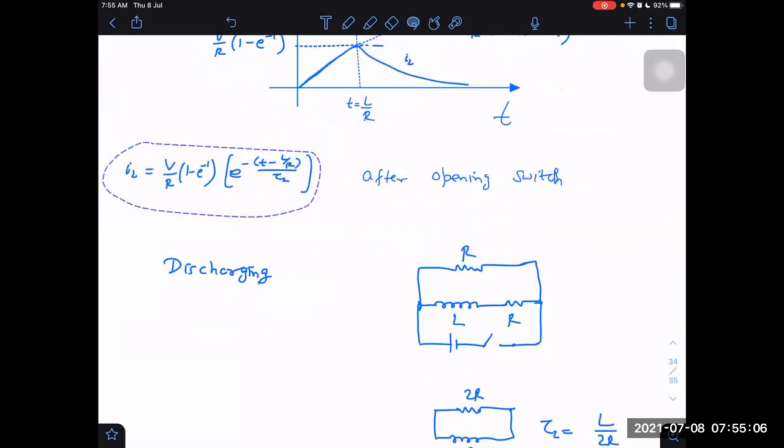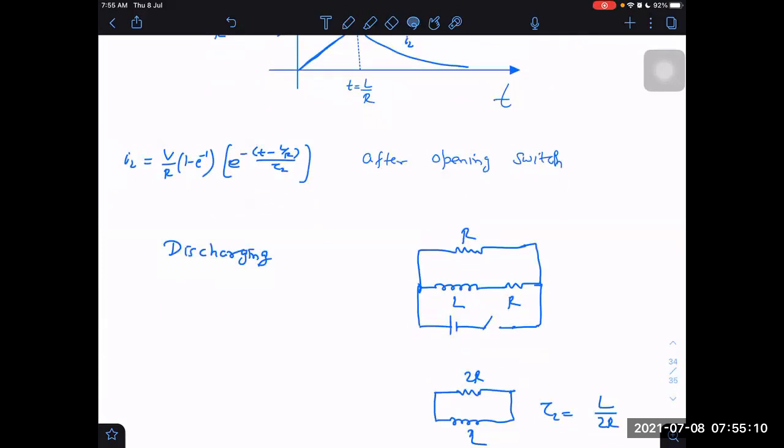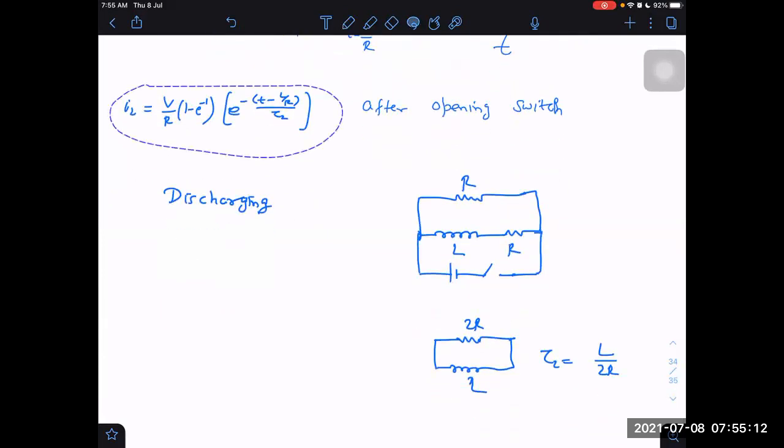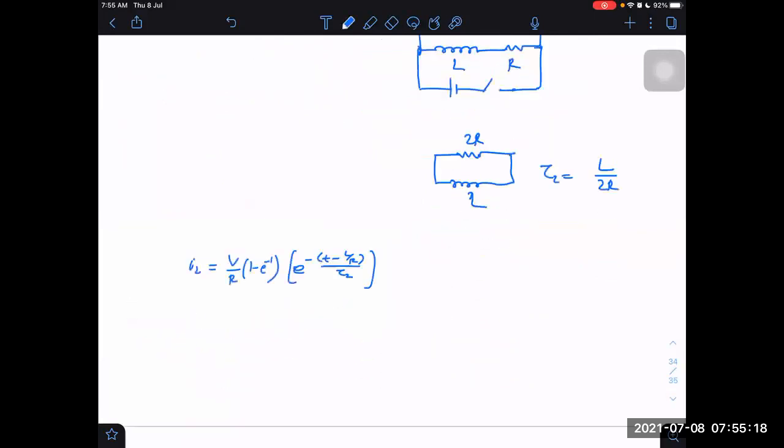Okay. Understood? This will be I2. I can write it as v by r into 1 minus 1 by e, into e raised to power minus (t minus L by r) divided by L by 2r.